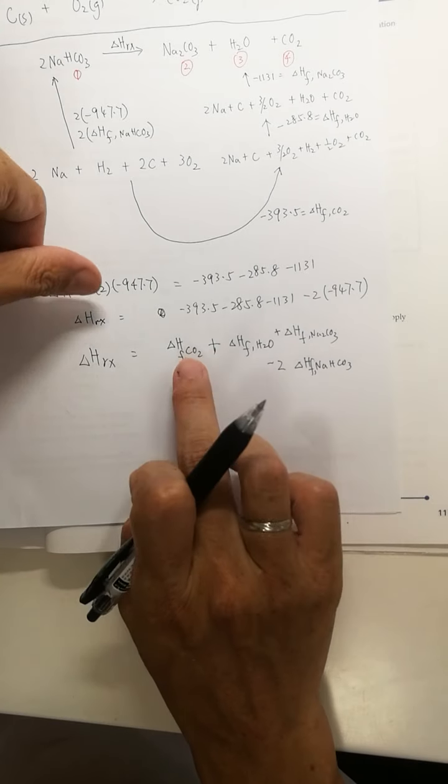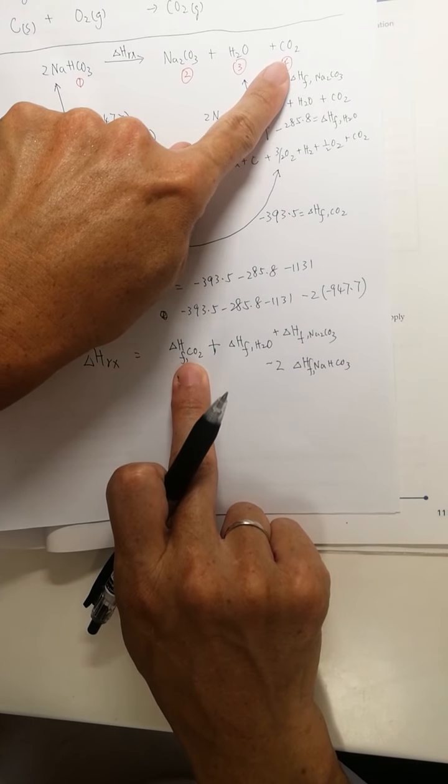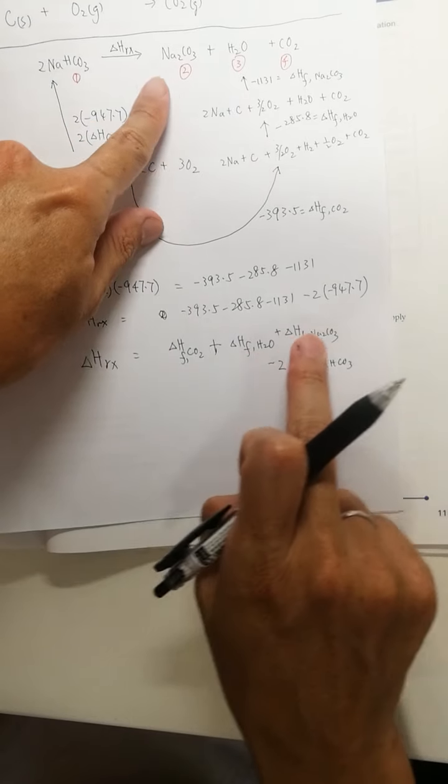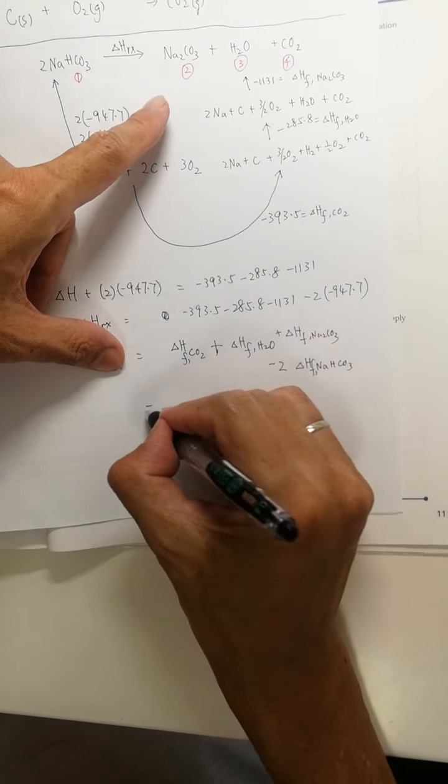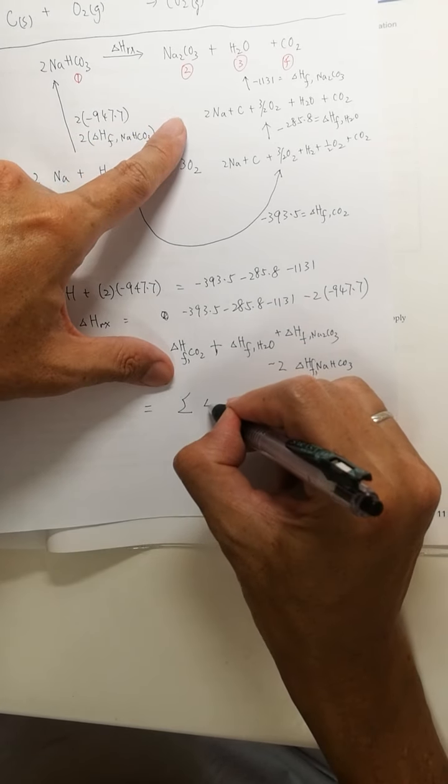You can see that the formation of CO2, formation of water, and formation of sodium carbonate are products.